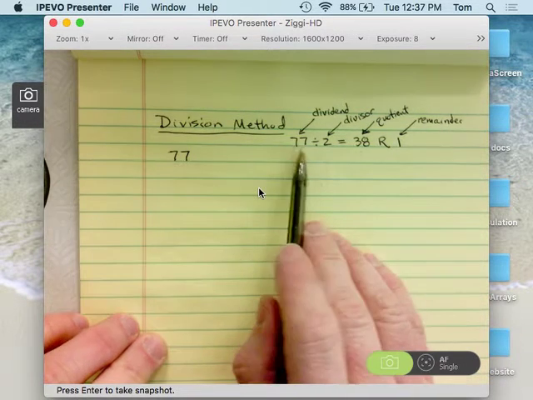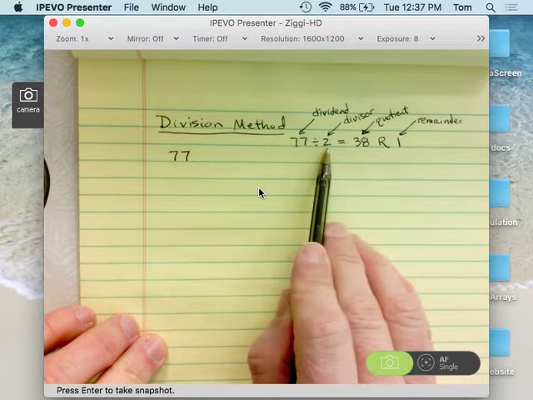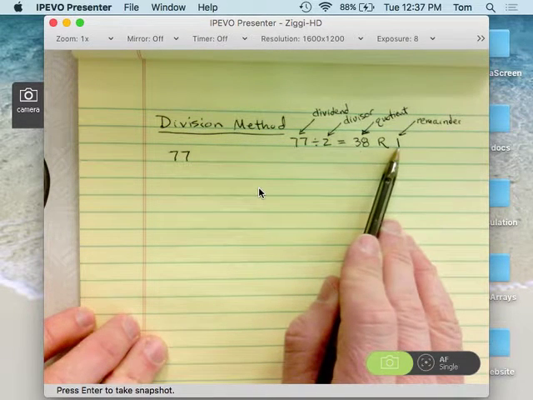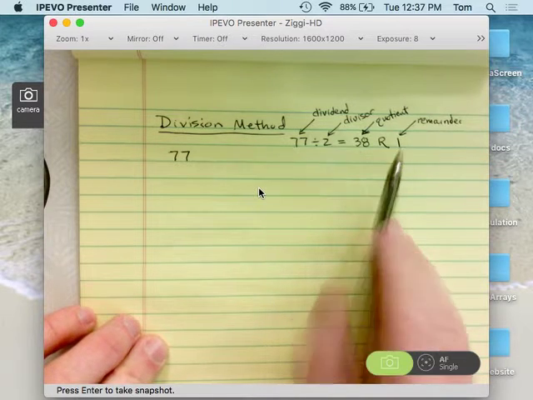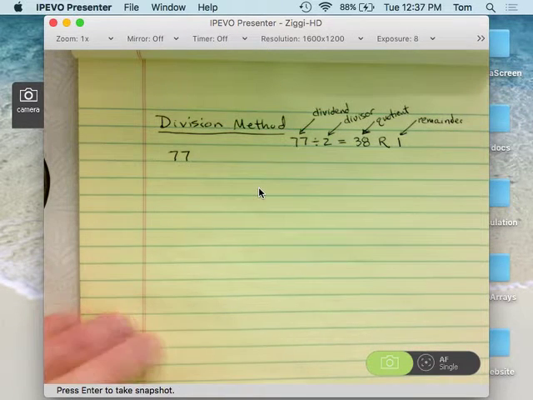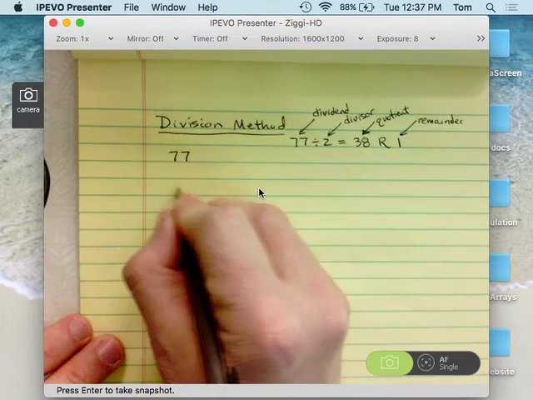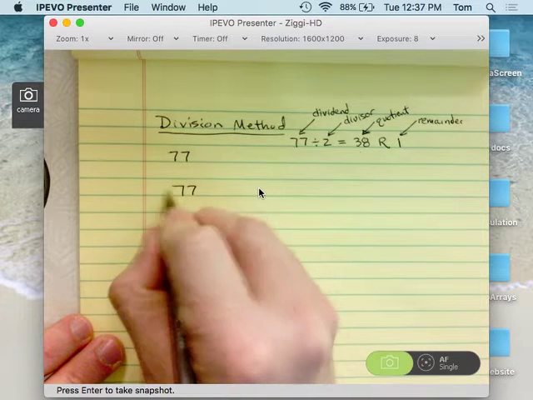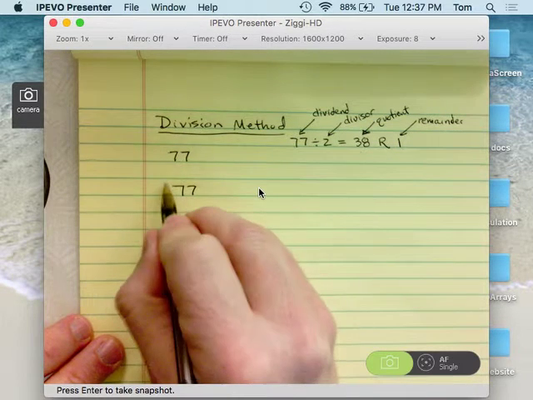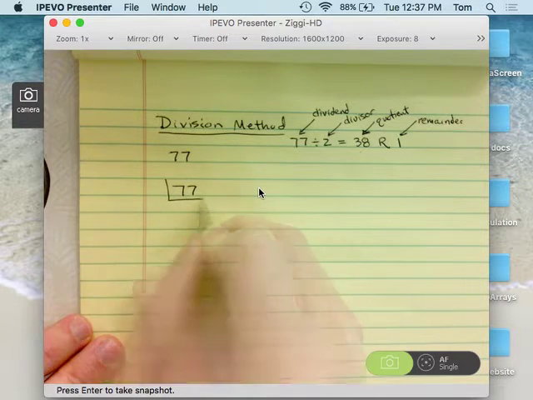So we're going to write this division, 77 divided by 2 equals 38 remainder 1, but we're going to write it in a different format, and I'll show you why. You really got to watch what I'm doing here. We're going to do long division, but we're going to flip it upside down.